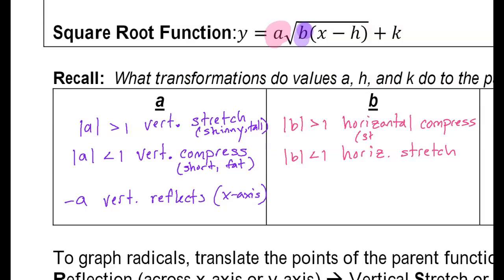It gets skinny and tall. What about a horizontal stretch? On my horizontal, this time I'm stretching. What does the graph become? Thin and wide. Wide and short. Short and fat, I call it.